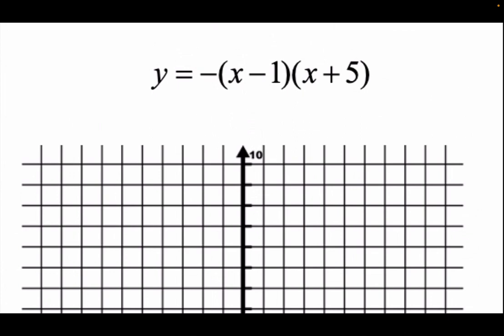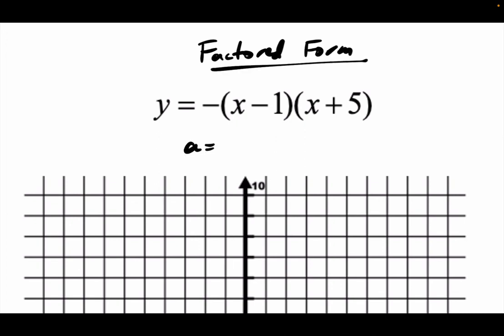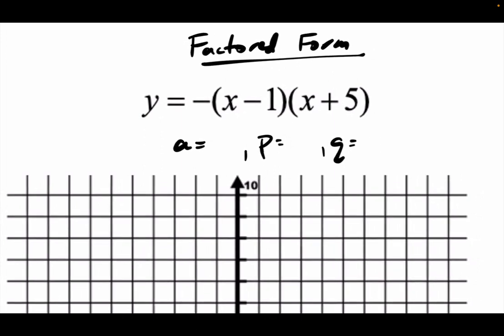So that means it's got an A, a P, and a Q. Factored form. A, P, Q. Okay. What's A going to be? -1.